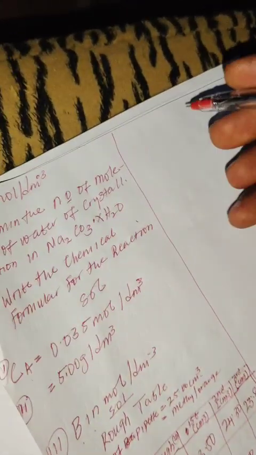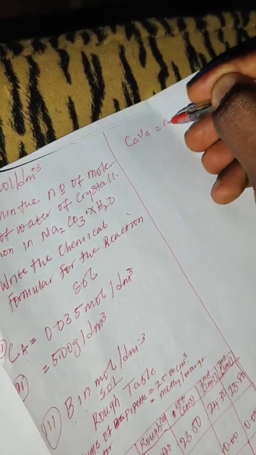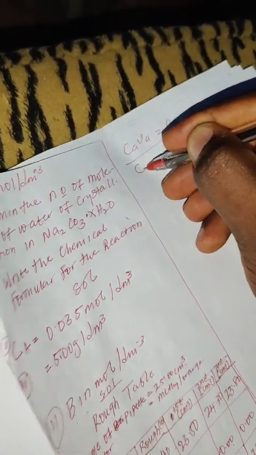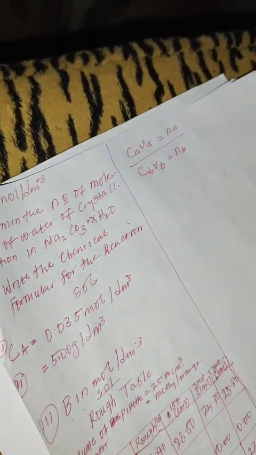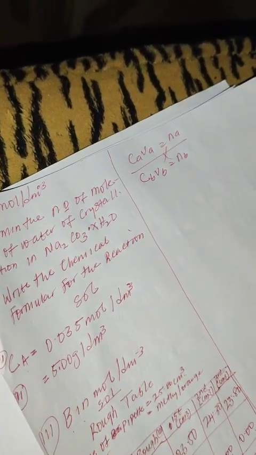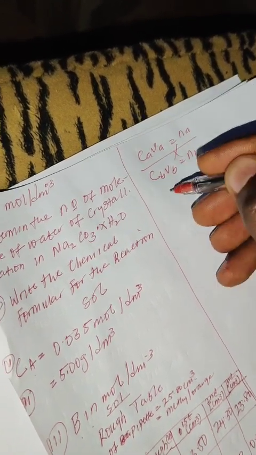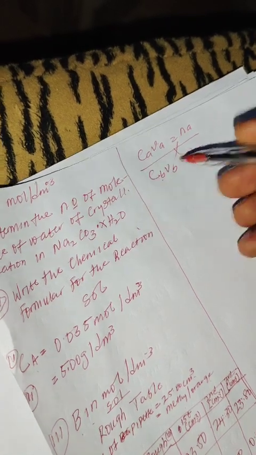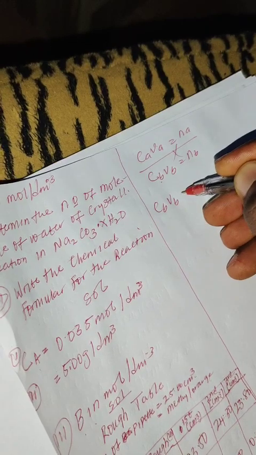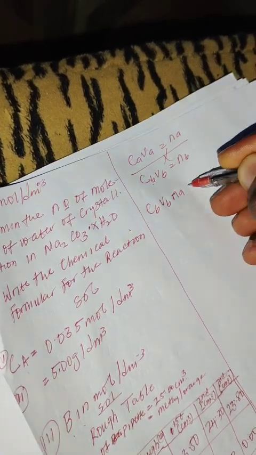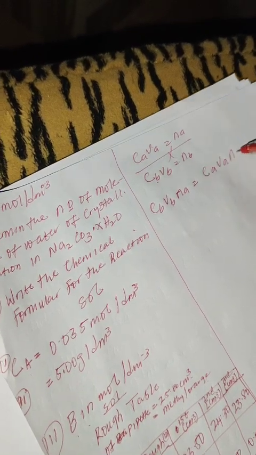So in carrying out my equation, I have CA VA over CB VB is equal to NA over NB. So when I cross multiply here, because we are looking for CB, I'm going to have CB VB NA is equal to CA VA NB.